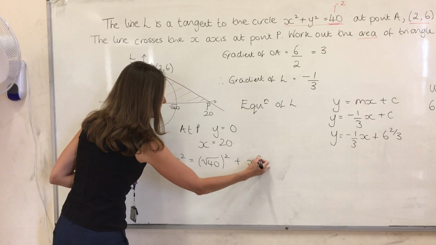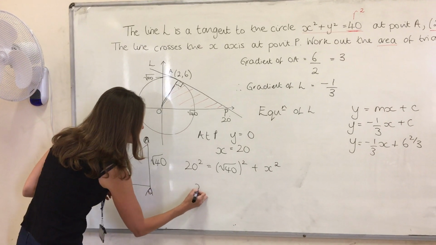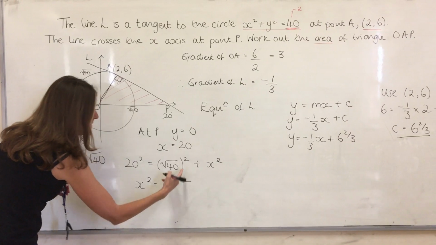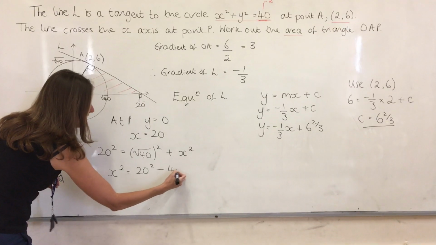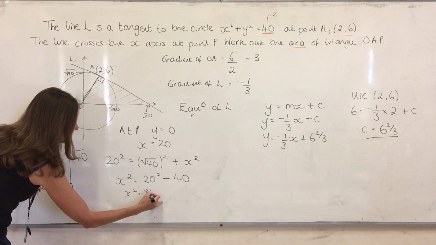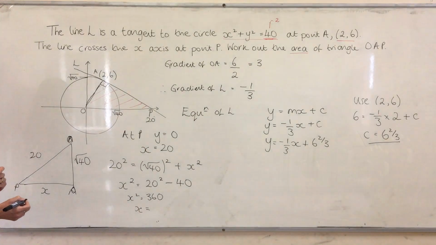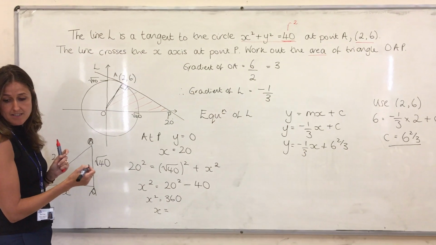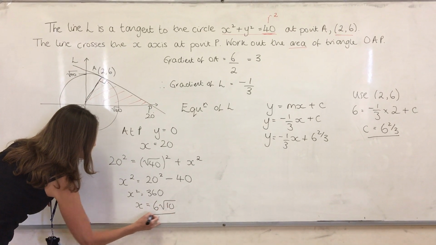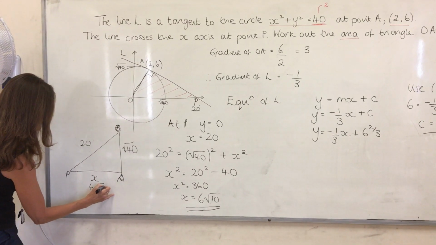Rearranging to make x the subject, x squared is equal to 20 squared, which is 400, minus 40, since the square of the square root cancels out, so x squared is 360, and therefore x is the root of 360, which is just 6 root 10. So I can fill that in here, 6 root 10.